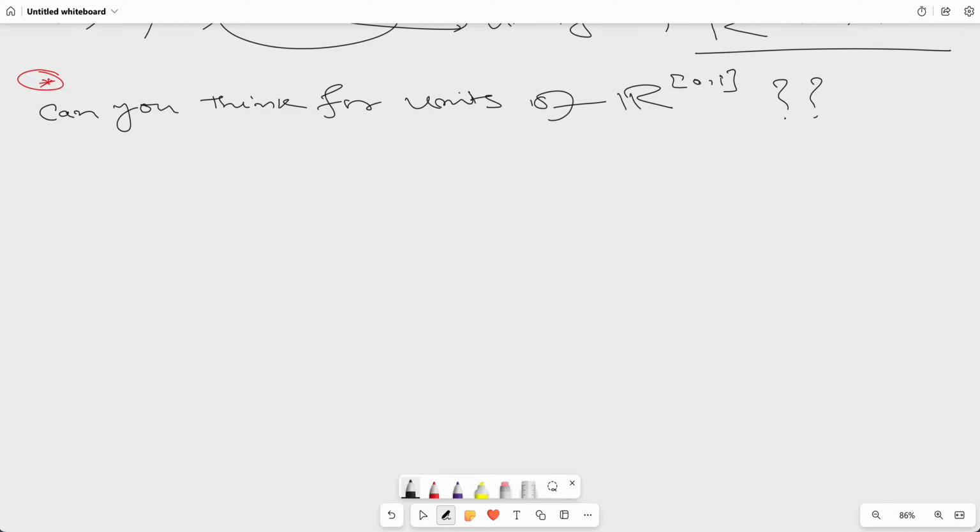For units, what is the definition of a unit? Just go with the definition. U of R[0,1], what is that?